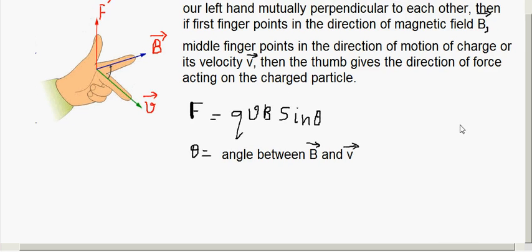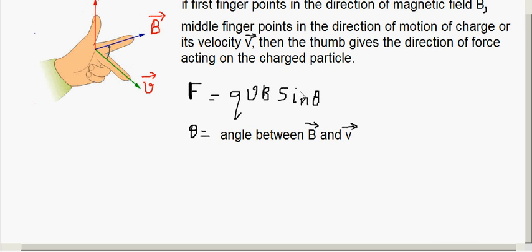Now in this equation, the first case, if theta is 0, then what happens? Sin theta is 0, that is force is 0, F is minimum.